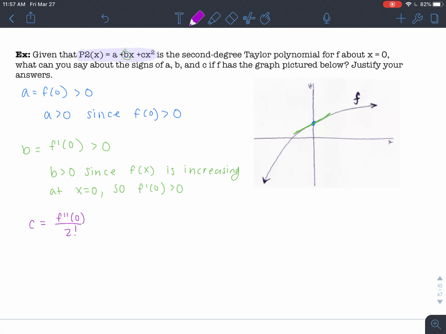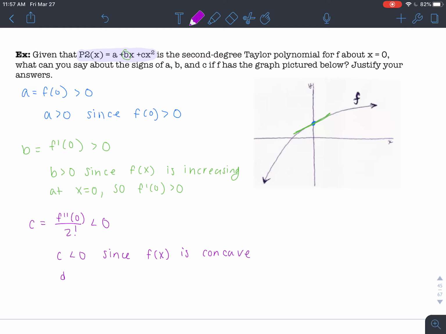And then our last value here, I guess we'll use purple. So c, the number in front of x squared, we find by finding the second derivative at 0 and dividing it by 2 factorial. Our second derivative at 0 deals with the concavity. Our function is concave down at that function value, so we're going to say that this is negative.